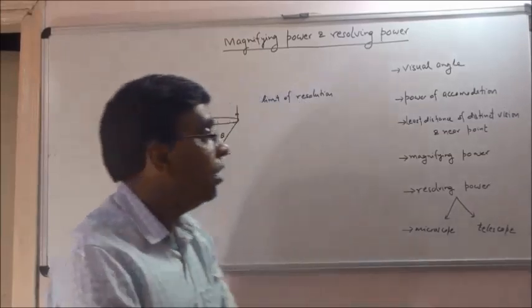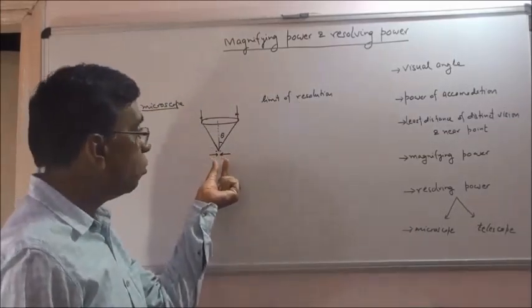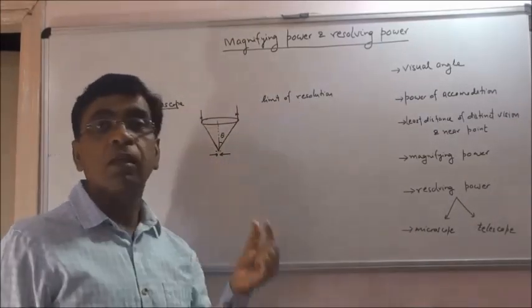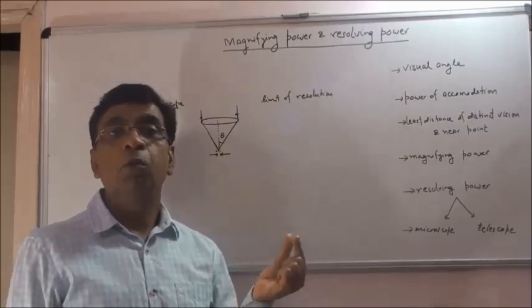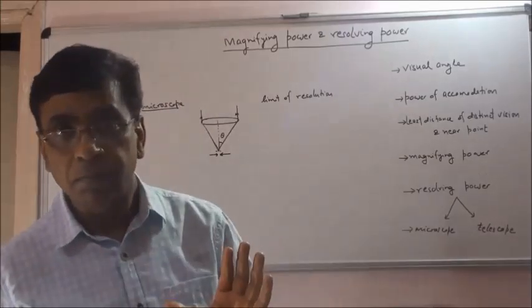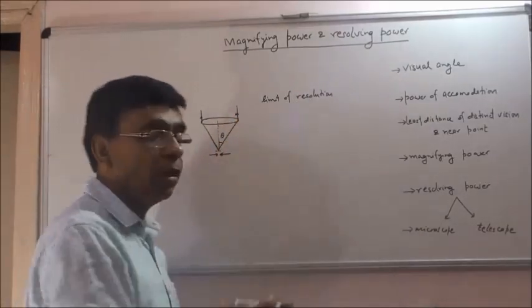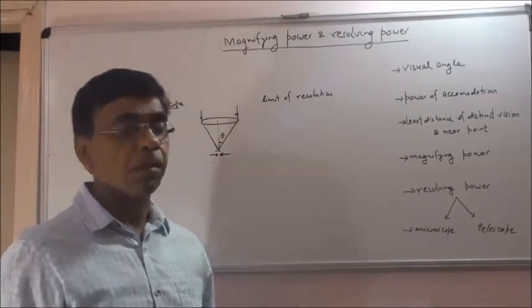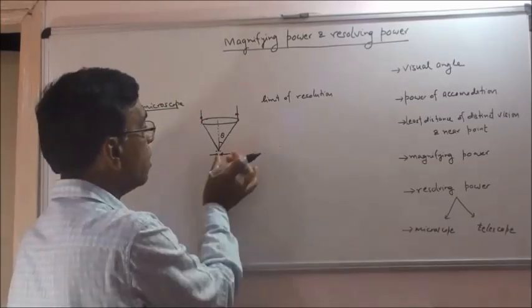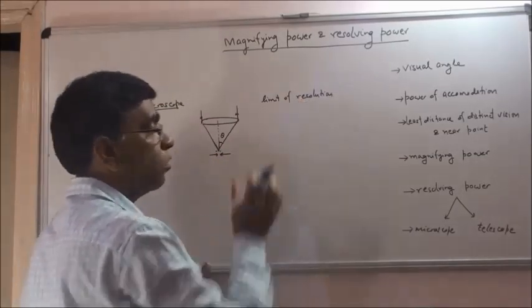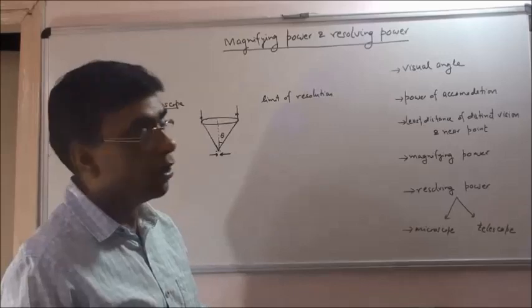It means if the distance between the two objects is less than the limit of resolution, we cannot see them separate. Okay, so minimum distance. If the distance is more than the limit of resolution, we can see them separately. So the minimum distance between the two, that is called the limit of resolution.